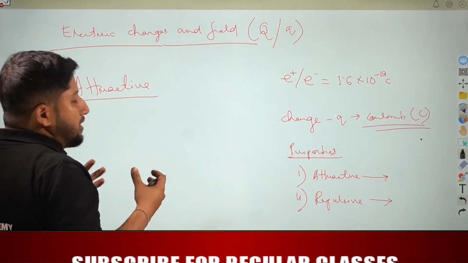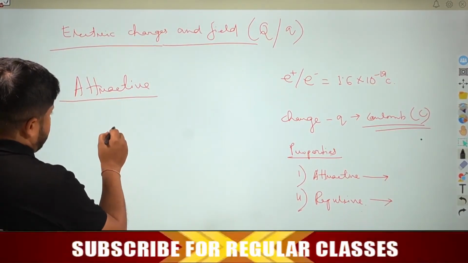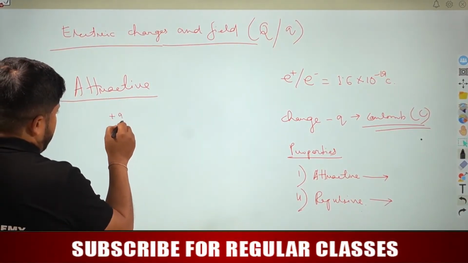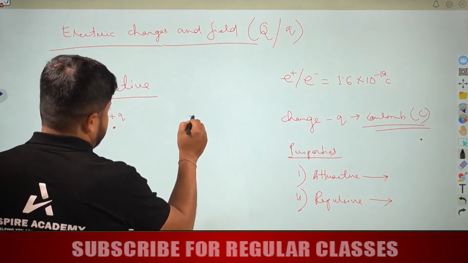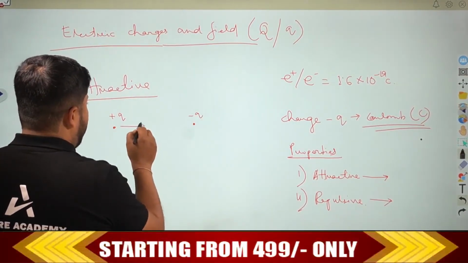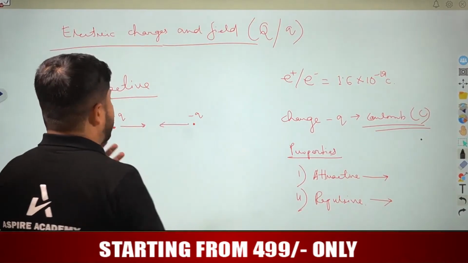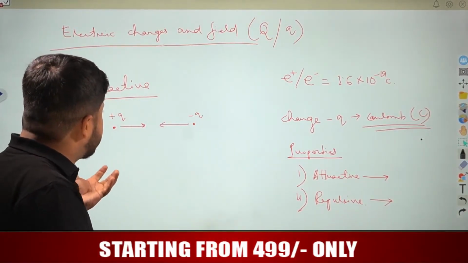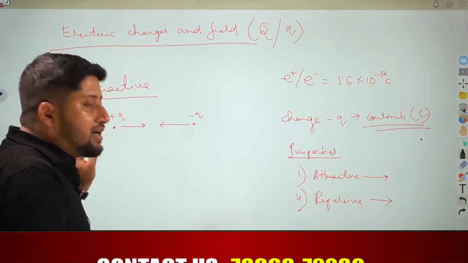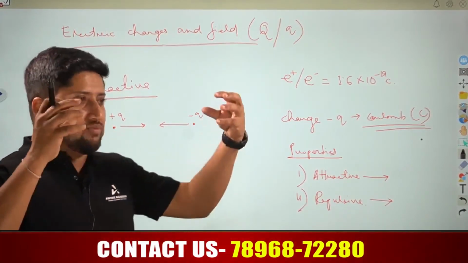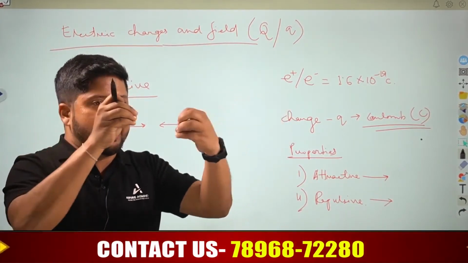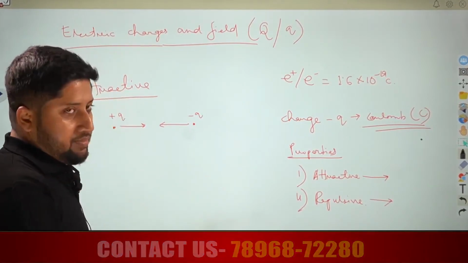Suppose one charge is positive and another is negative, then they attract each other. The definition: two dissimilar charges attract each other, meaning one positive charge and one negative charge attract each other. This is called the attractive property.